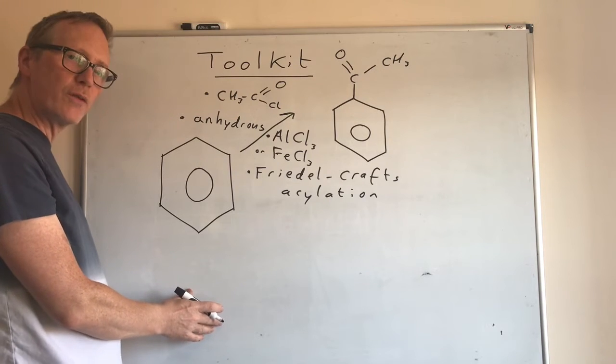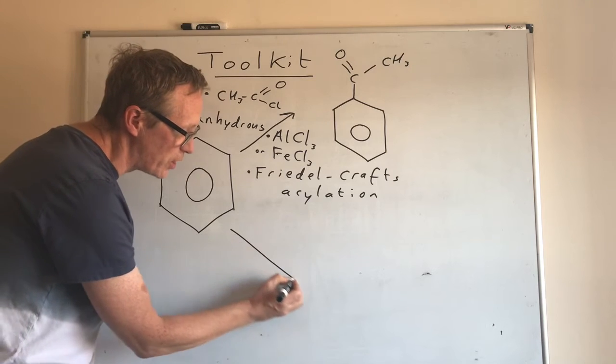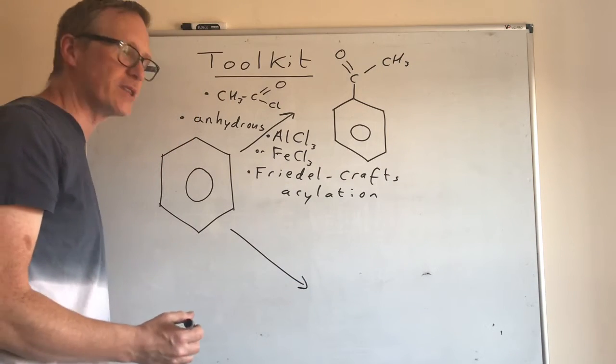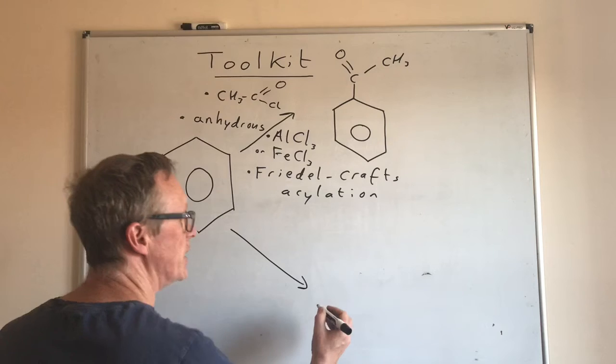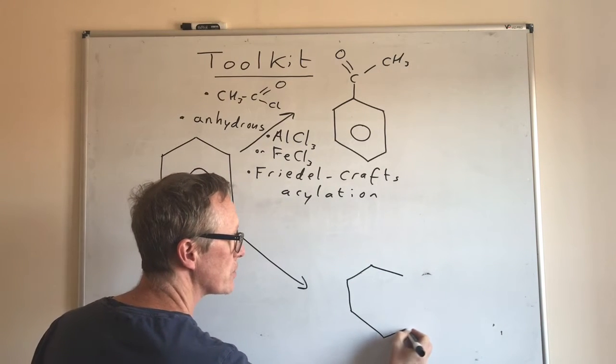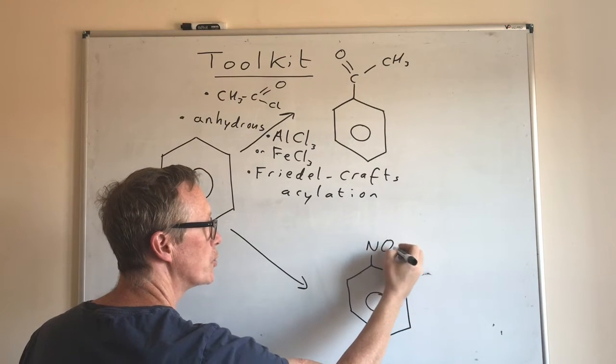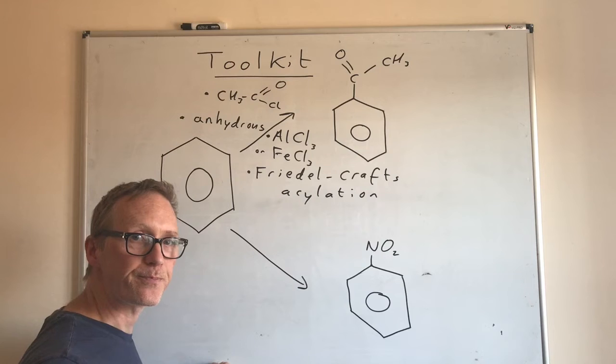Let's do one more, and this is the one for which you should know the mechanism, which is the nitration of benzene. Now when we nitrate benzene, we produce the nitro compound, with benzene and NO2 on the top of it.